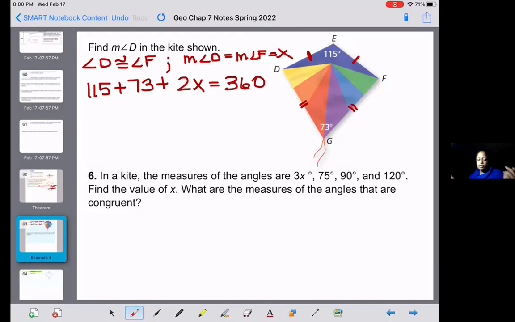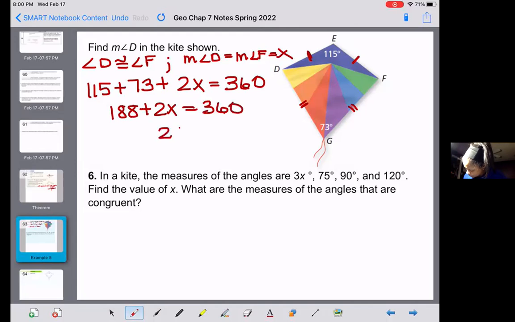All right, so 115 plus 73, what's that going to be? 188. Subtract from 360 by 188. Let me do that over here real quick. So it's going to be 172.